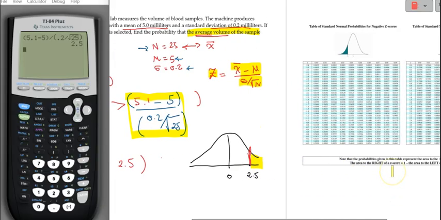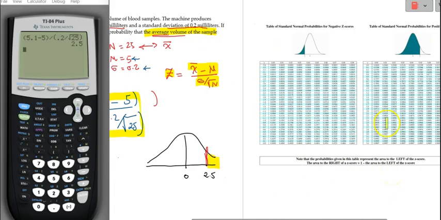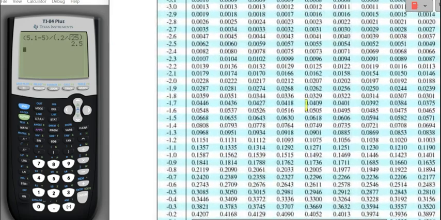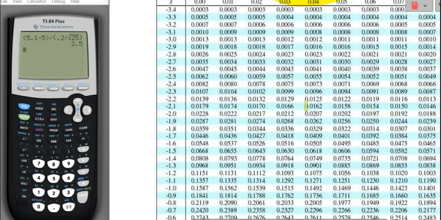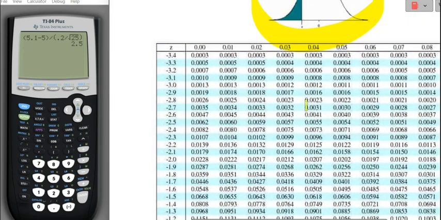Then I'm going to go to this table, and in the small tail part I'm going to look for 2.5. Do you notice here the values are negative? It doesn't matter. If you are in the small tail, it's okay. So 2.5 is going to be right here, and 0, right?